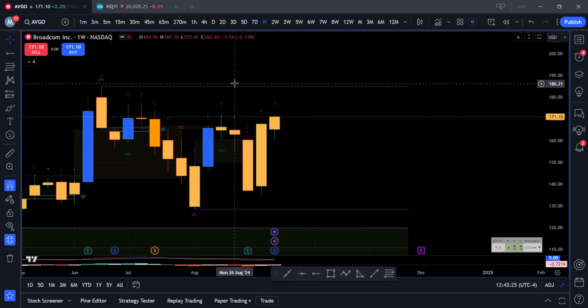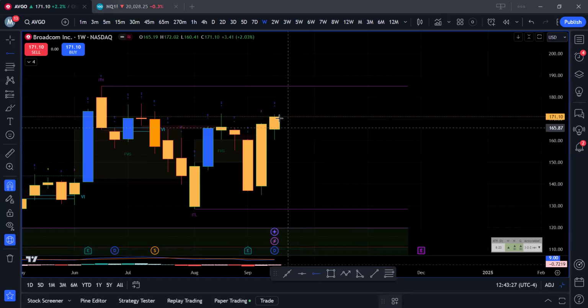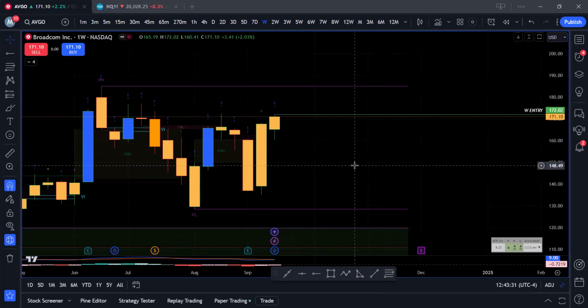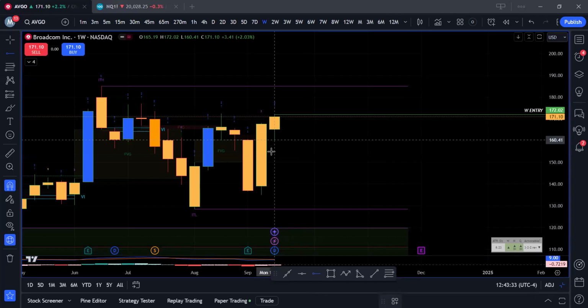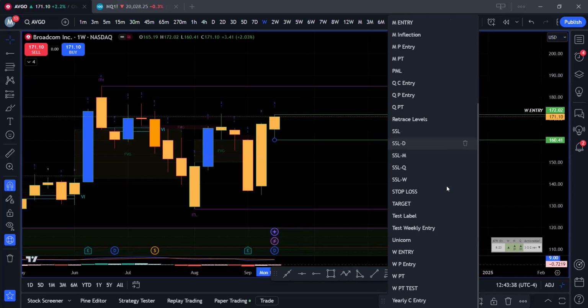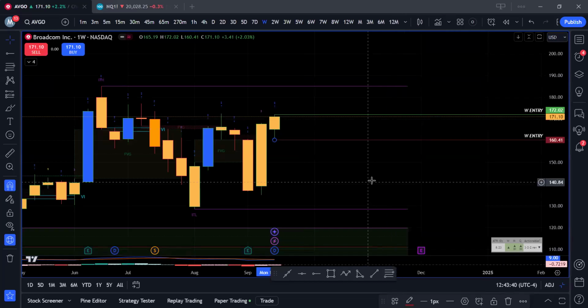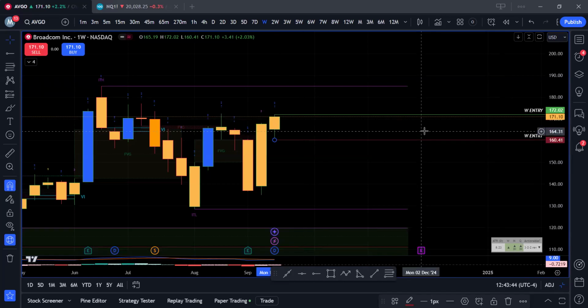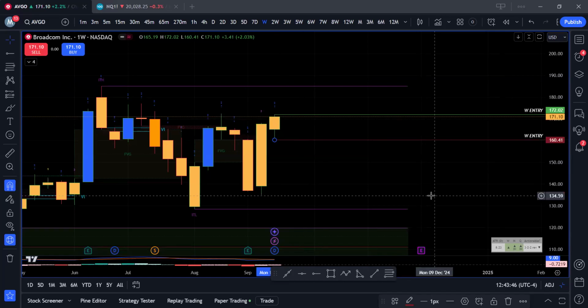All right. Now, before we move forward, what I'll do is mark out my weekly entry. And just in case of a potential reversal, although we're not expecting it, we do need to trade objectively, meaning we need to be prepared for both sides. The key to that is, when you're swing trading, day trading, scalping, or whatever, of course you can have a bias, but don't marry the bias.